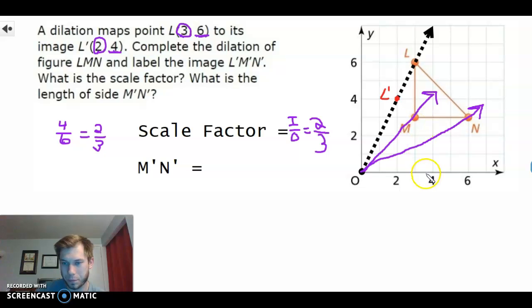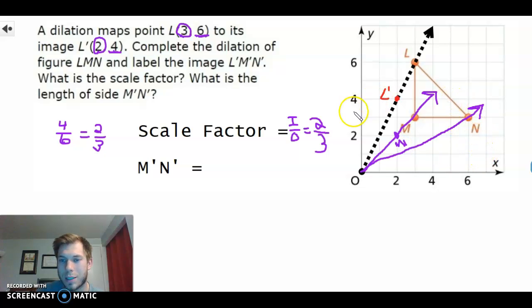Well, now that we know this, we could figure out the rest of them. So M is 3, 3. If we multiply that by the scale factor 2/3, we know that 3 multiplied by 2/3 would get us 2, and the same thing with the other one. So M prime would be here.